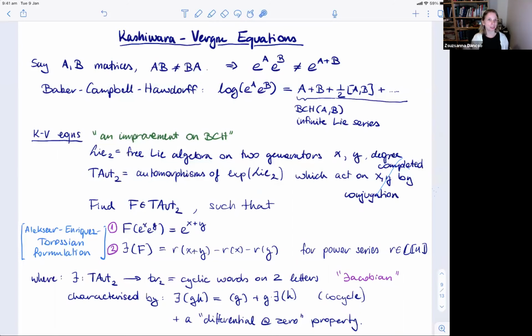So it doesn't have to be an inner automorphism. It doesn't have to be conjugating everything by the same element. But when you act on the two generators, those have to go to some conjugate element.